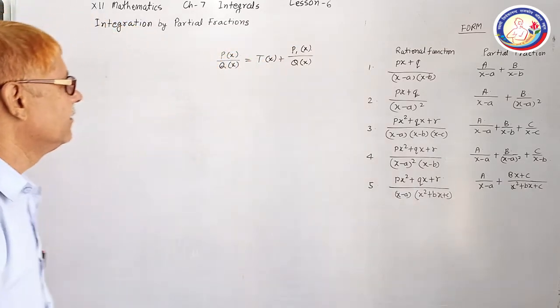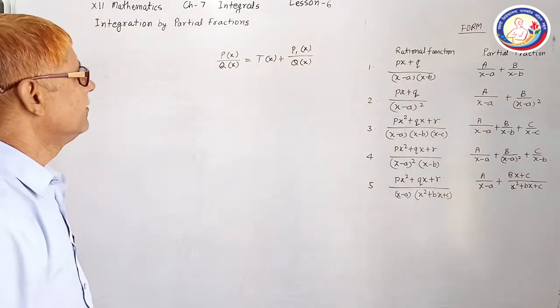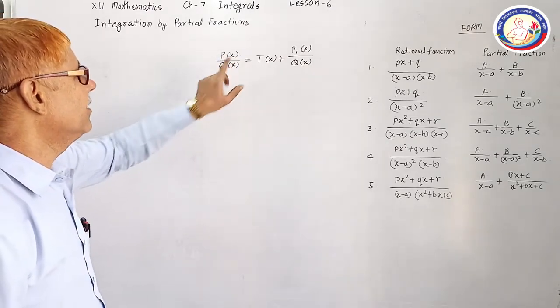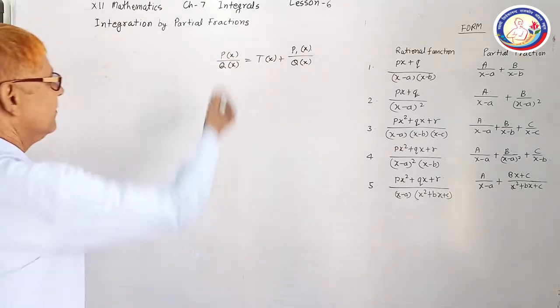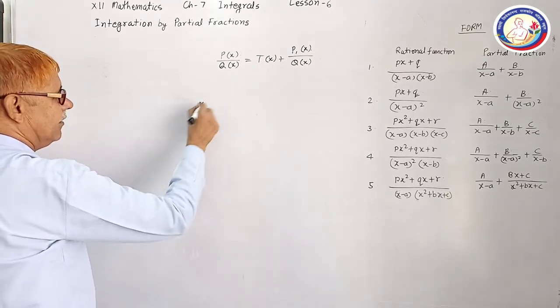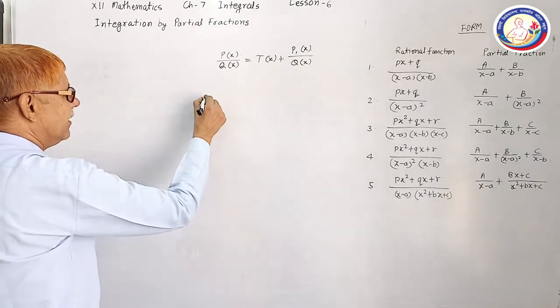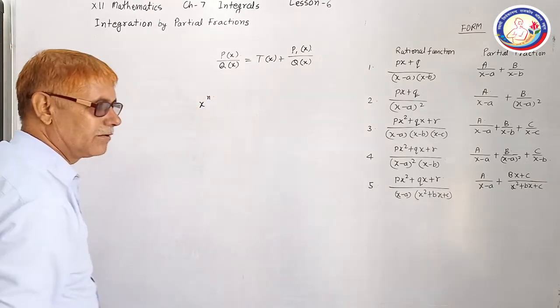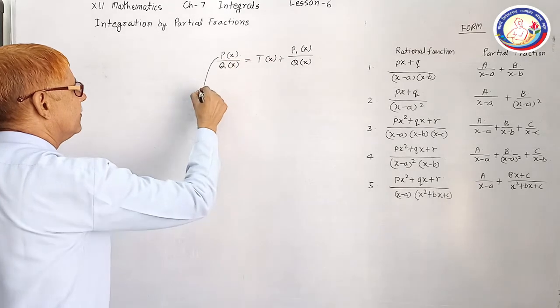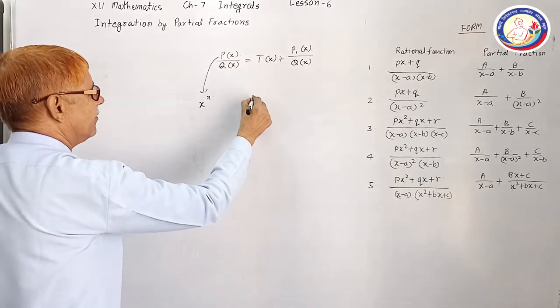Let us understand. If there is a rational function p(x) upon q(x), and the highest power in the numerator is x raised to power n, and in the denominator it is x raised to power m.